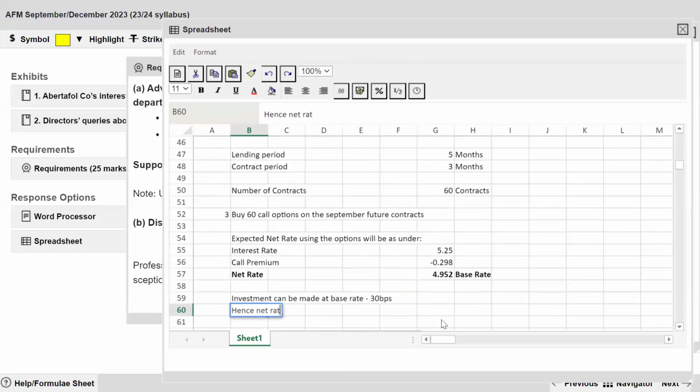Hence, the net rate will be 4.652%. You get it? So if you are using the option contracts, this is how you would be doing it.